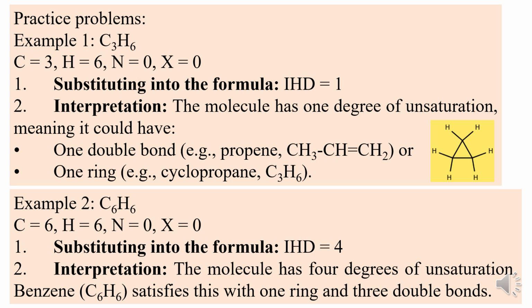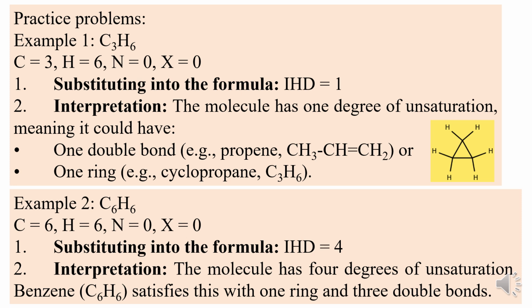The second example, C6H6 is the molecular formula. Substituting into the formula, you get an IHD value of 4. Interpretation will be, since you got an IHD value of 4, the molecule has 4 degrees of unsaturation. For example, it could be benzene.